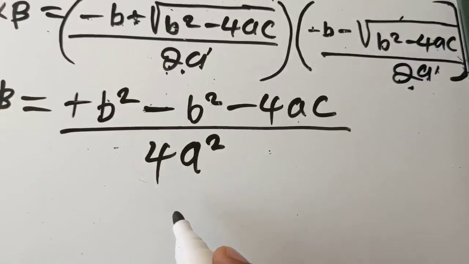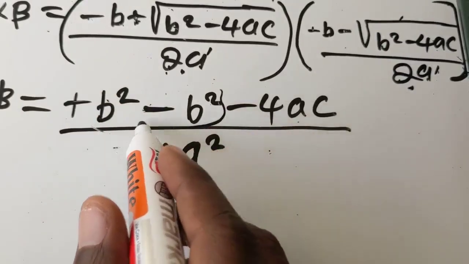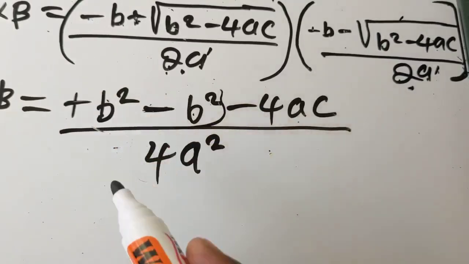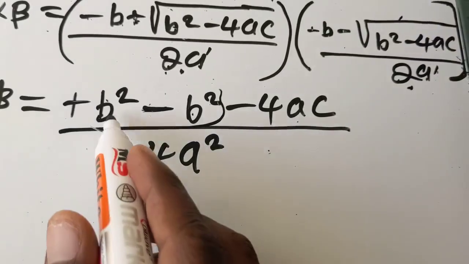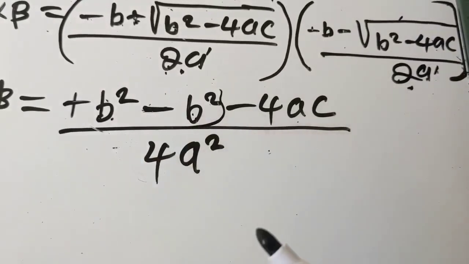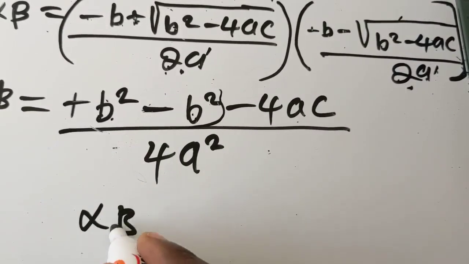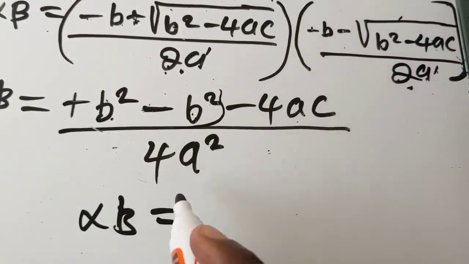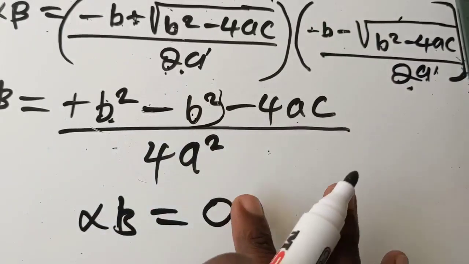Now if you look at this one, it's b squared minus b squared. B squared minus b squared is going to give you 0. So we are solving alpha beta, which is equal to b minus b, which is just 0. You can write 0, or you can just leave it.